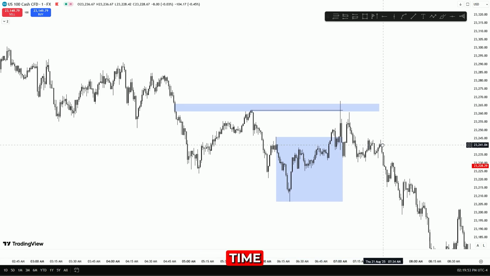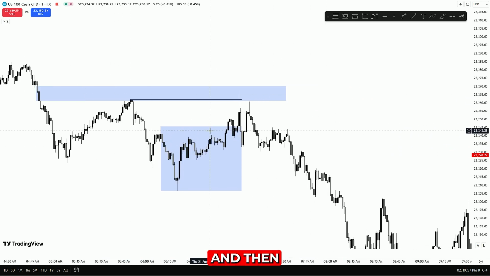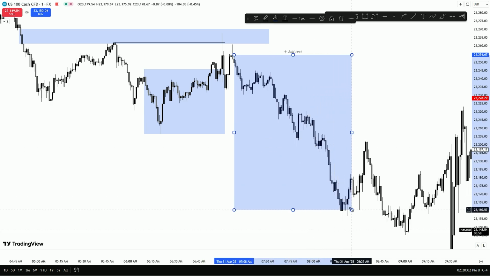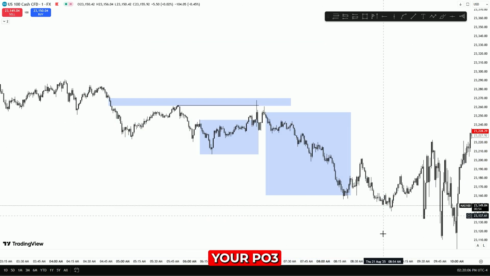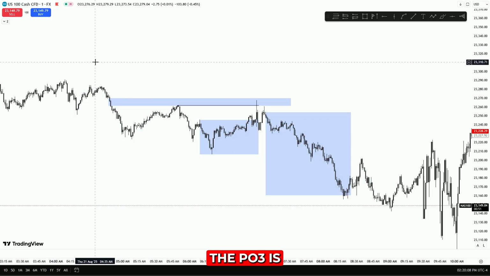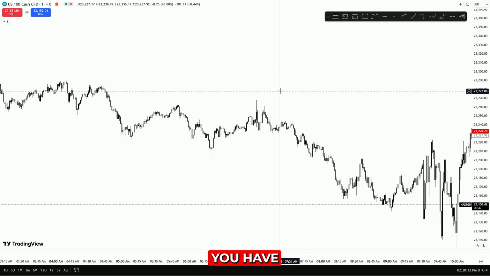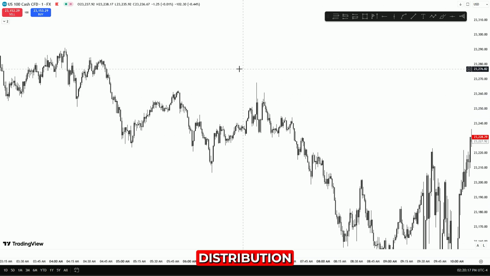If you move toward the higher time frame, you're gonna see the higher time frame FVG over here. All right, and then you simply got that distribution toward the downside. This is your PO3, and this is how you spot your PO3. All right, the PO3 is nothing but accumulation, you have to wait for the manipulation, and then you go with the distribution.